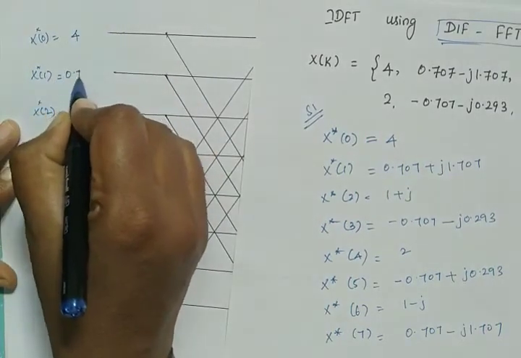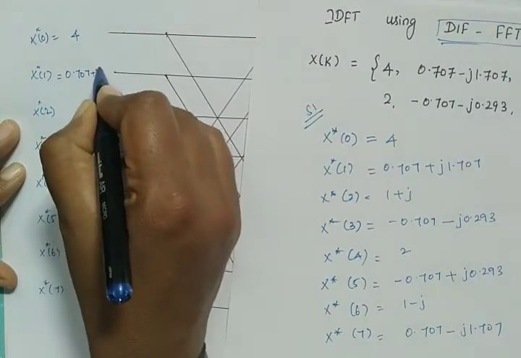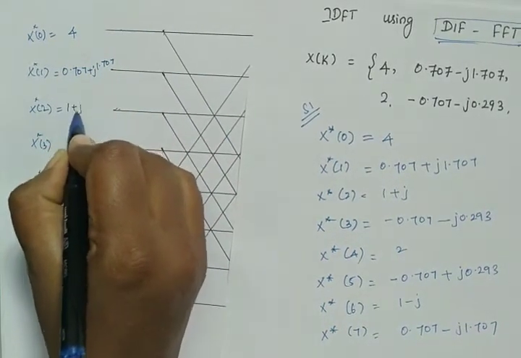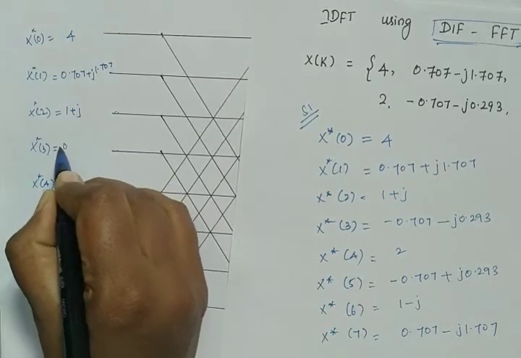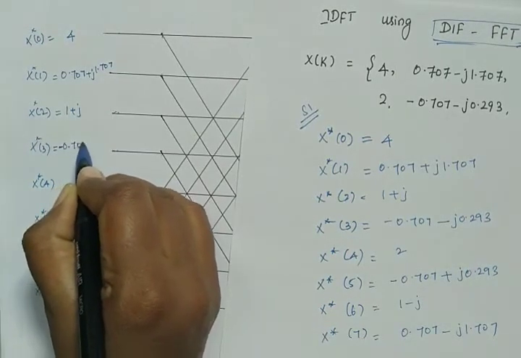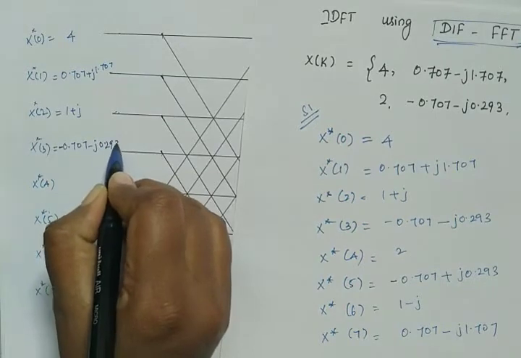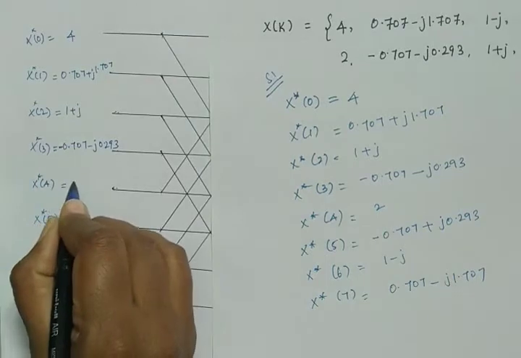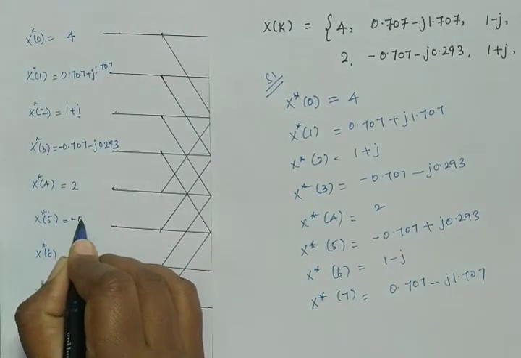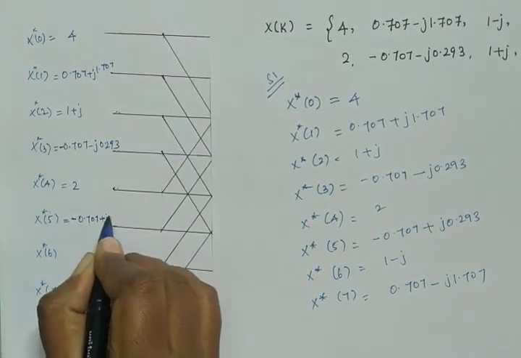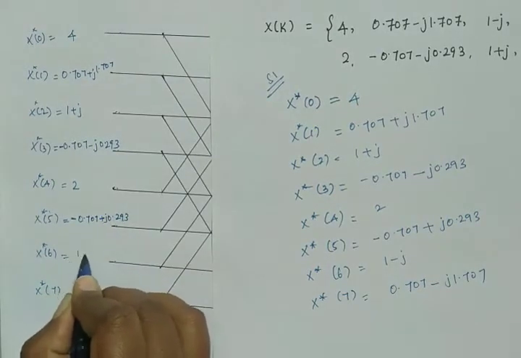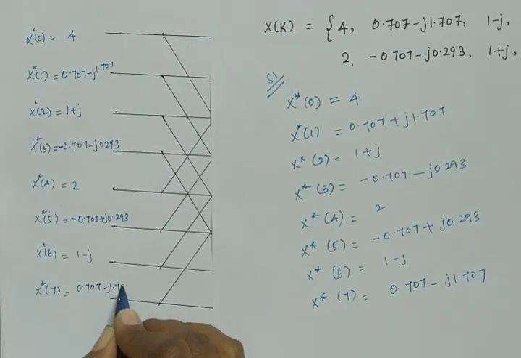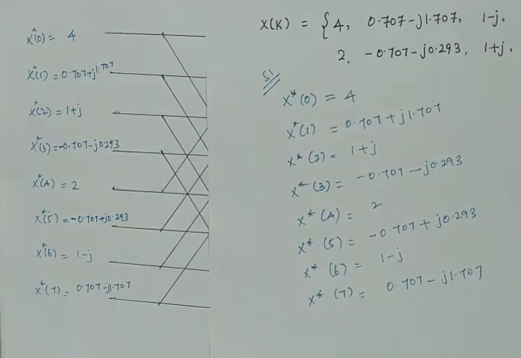This is 0.707 plus j 1.707. Here it is 1 plus j, and here it is minus 0.707 minus j 0.293. What I am doing is just copying from here. So X of 4 is 2, X of 5 is minus 0.707 plus j 0.293, and here it is 1 minus j, here it is 0.707 minus j 1.707. So what we did is just copy this.